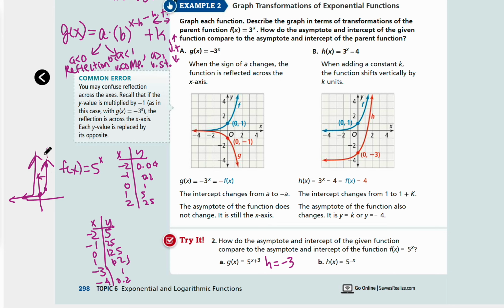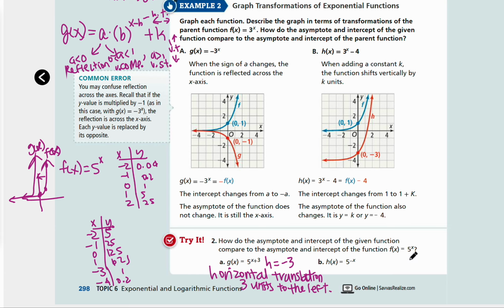So f of x is here, g of x is here, it moves 3 units to the left. You can check by graphing visually, but this is a horizontal translation, 3 units to the left.